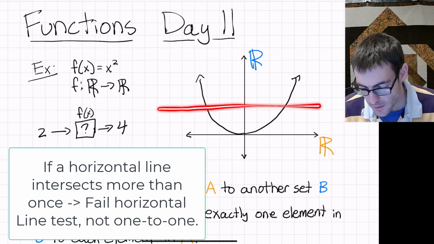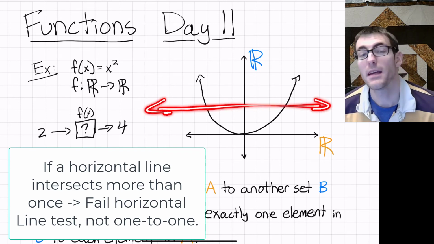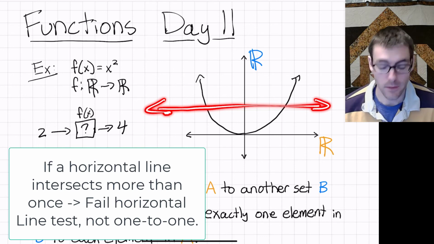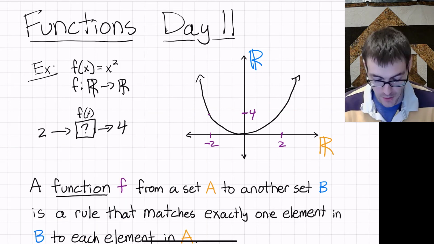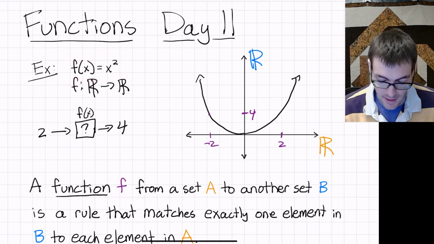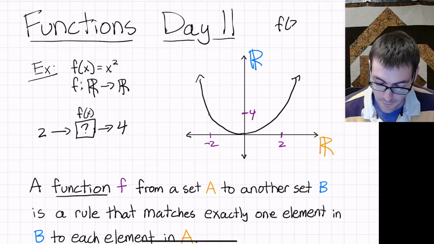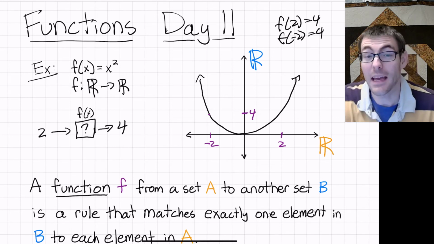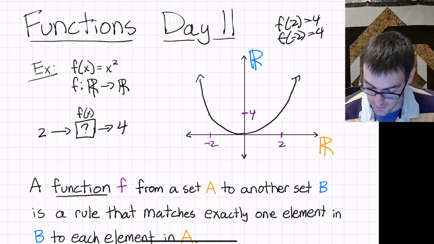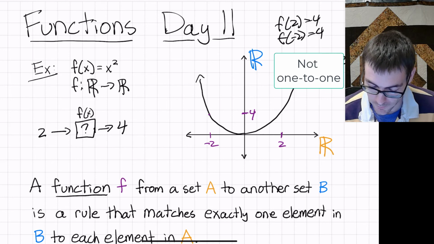We can find some horizontal line that intersects our function in more than one place. Let's say this function intersects, if this is 2 and this is -2, at 4. So the function f of x equals x squared has the property that f of 2 and f of -2 equal the same answer. Therefore, this is not one-to-one.